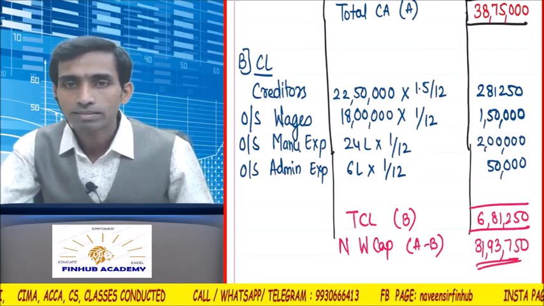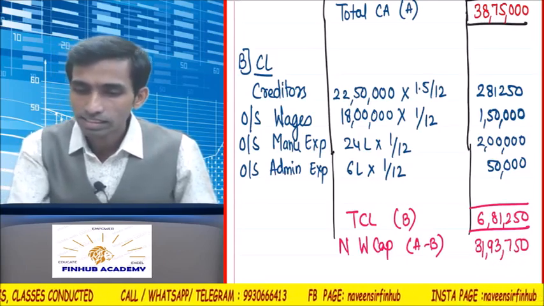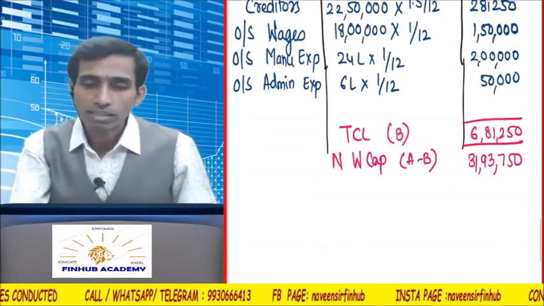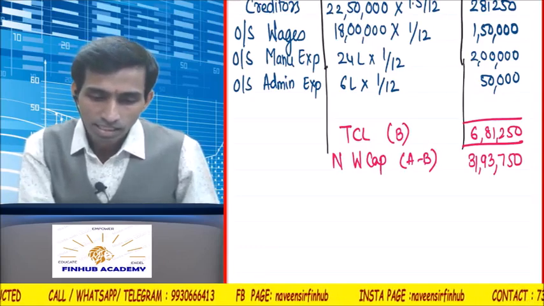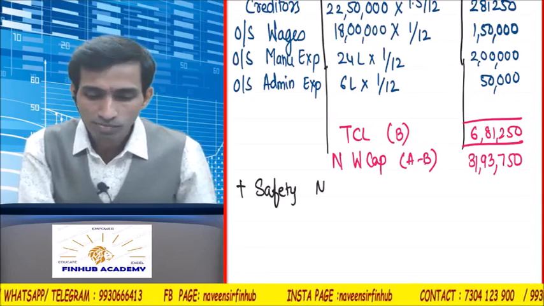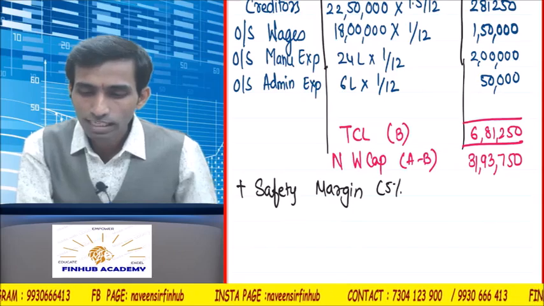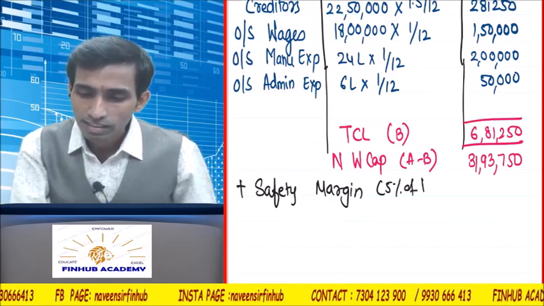Add safety margin. Listen, safety margin how much? Assume 5% safety margin. On what? 5% of net working capital.